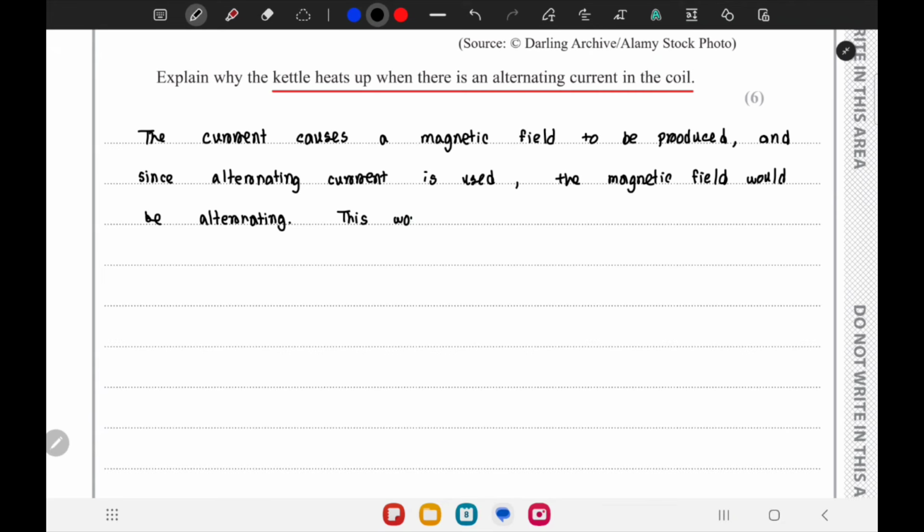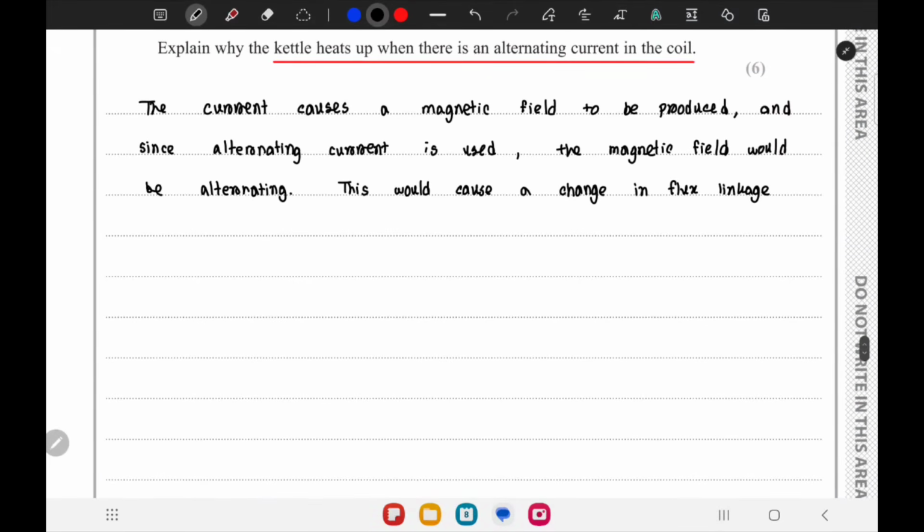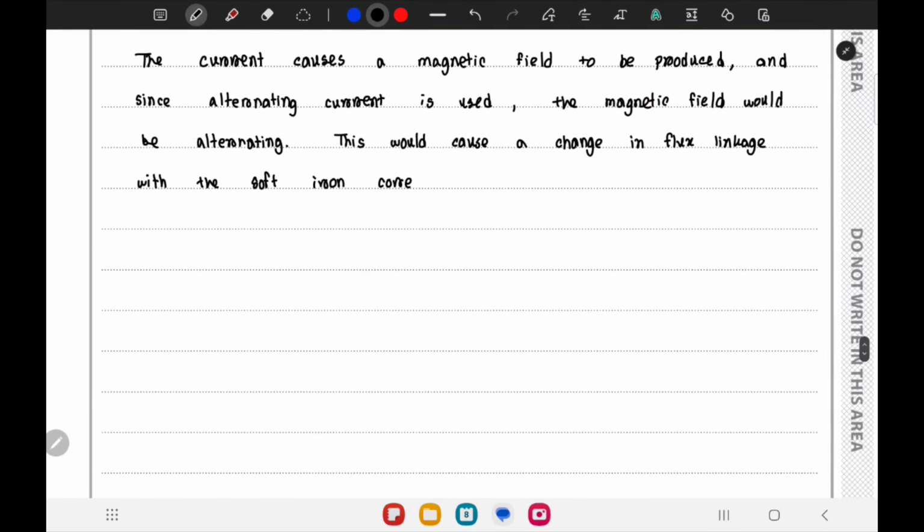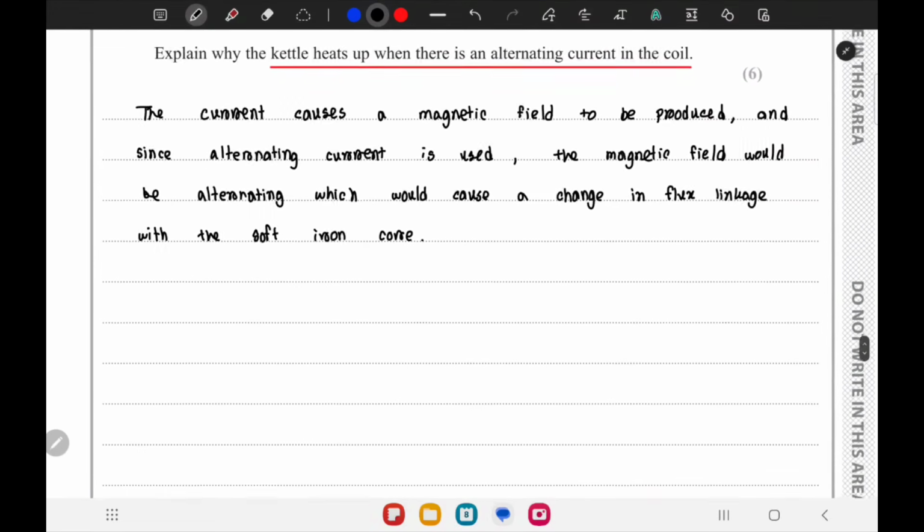This would cause a change in flux linkage with the soft iron core. Now this would cause an EMF to be induced in the core.